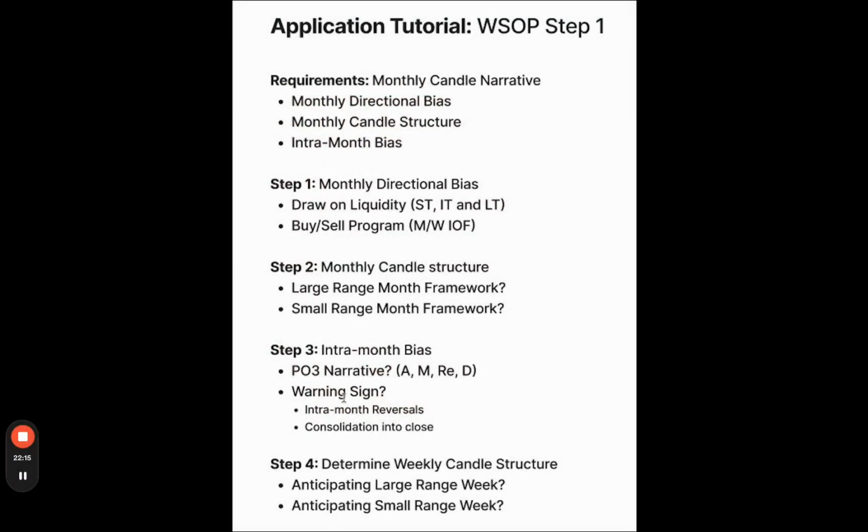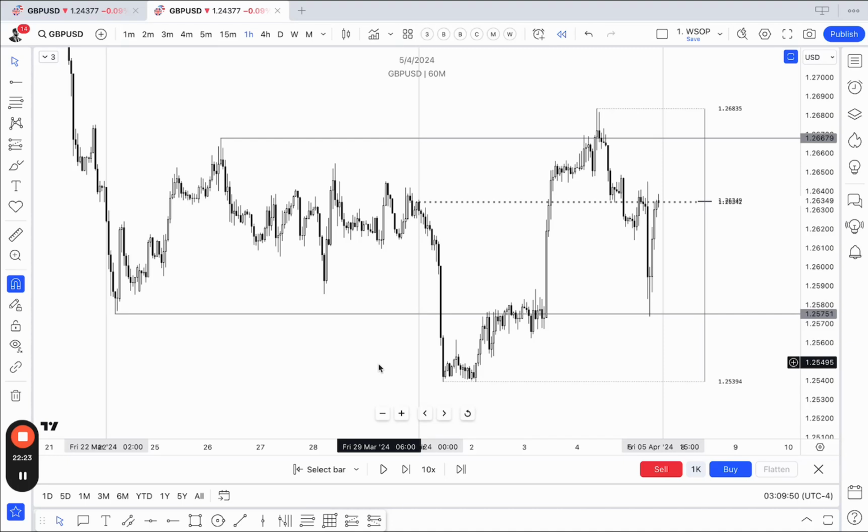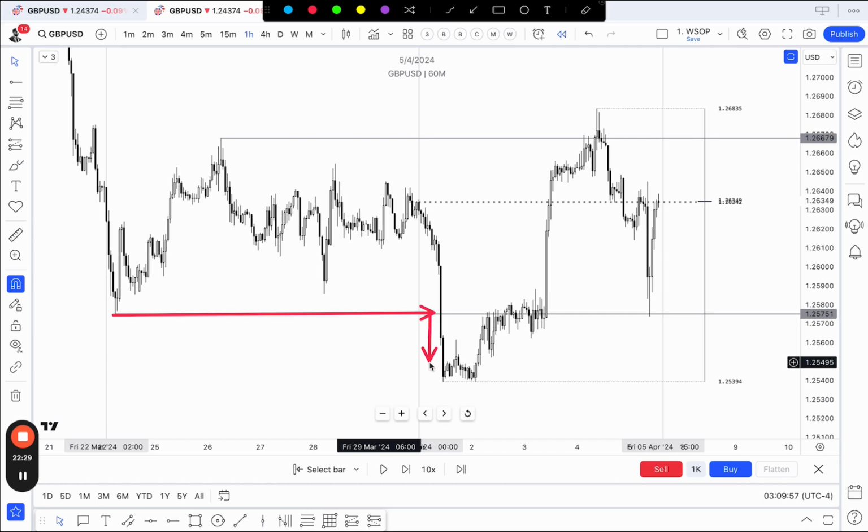So that's a warning sign. How do we know if it's going to be accumulation? Well, it will show lots of these warning signs where it doesn't go to and through the previous week's low. So it went here, trapped everyone, heavily discounted with the opening price for the week.